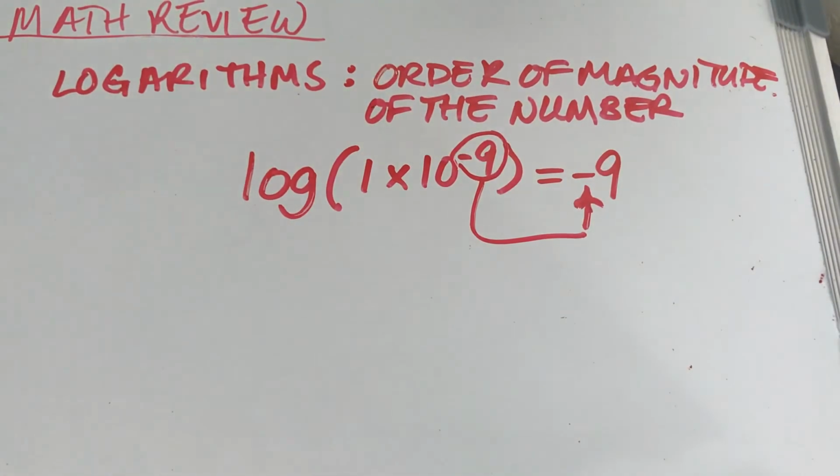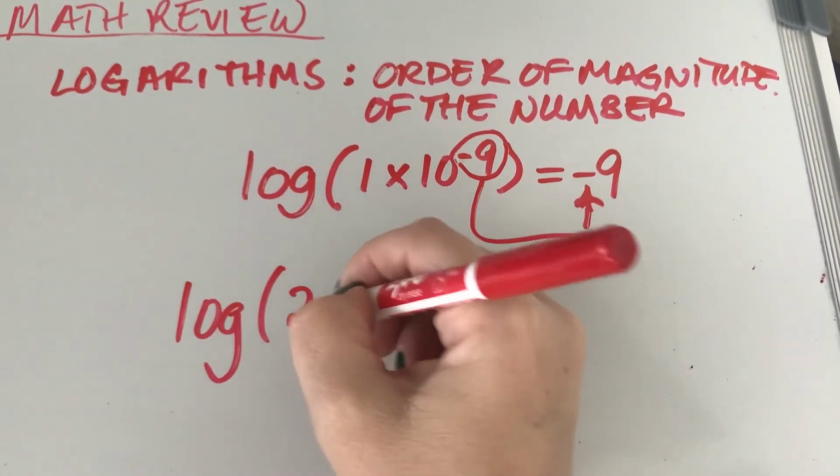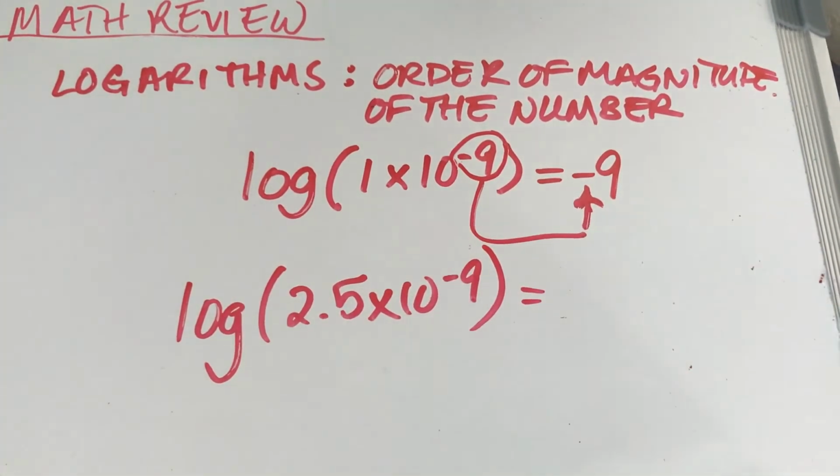Cool. Anyone else? Questions about what we're talking about here? Can you do an example, please, where you have a different coefficient? Yeah, absolutely. So somebody do that one for me.